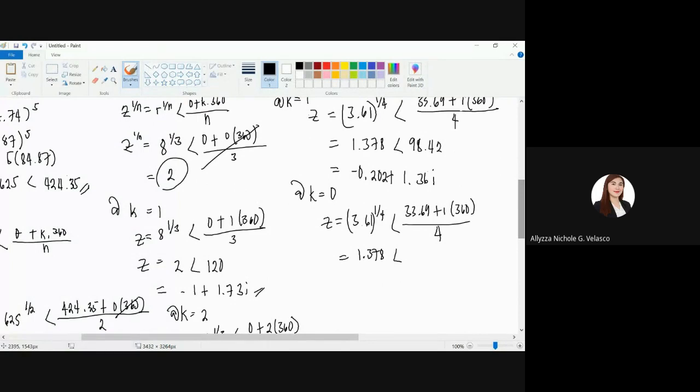So, we have 33.69 lang kasi ito ay makakancel na siya since ito ay multiplied by 0, yung 360. So, divide by 4, that is 8.42. So, that is equal to, sa ating rectangular form, 1.378 angle 8.42. So, equal to 1.36 plus 0.20i.